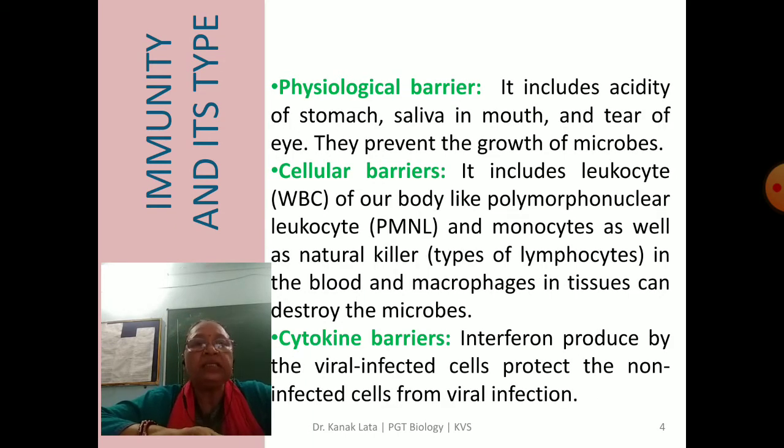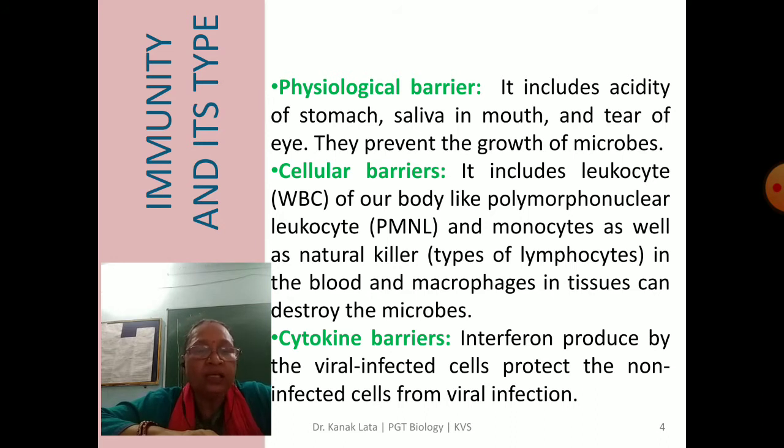Next barrier is the physiological barrier. Physiological barrier includes acidity of stomach, saliva in mouth, tears of eye. We know that HCl is released from the gastric glands of the stomach. Ptyalin is present in saliva, and tears of the eye contain lysozyme.